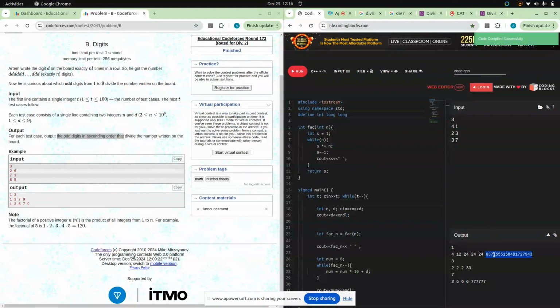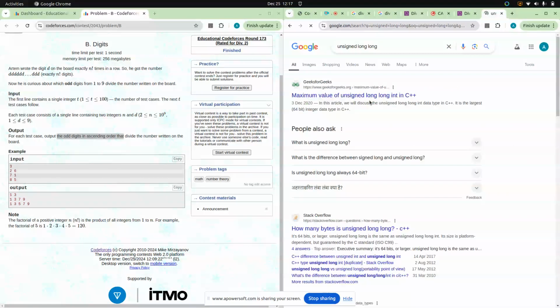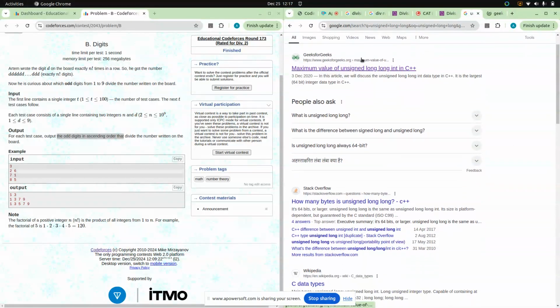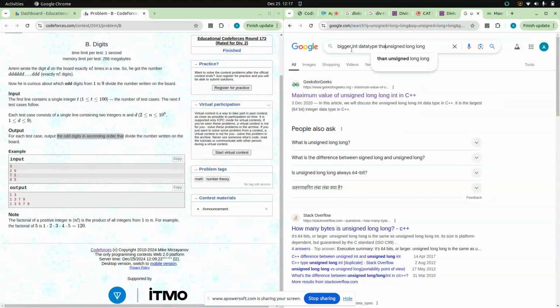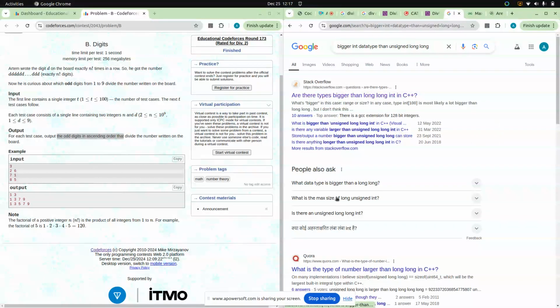It's going beyond this also, even if I have unsigned long. Is there any bigger data type?